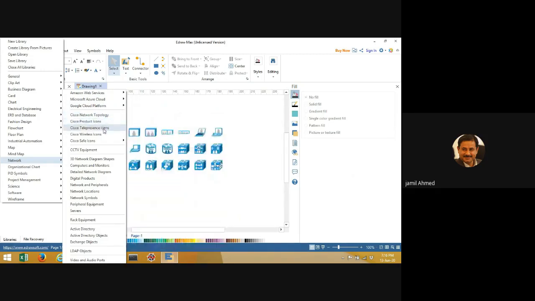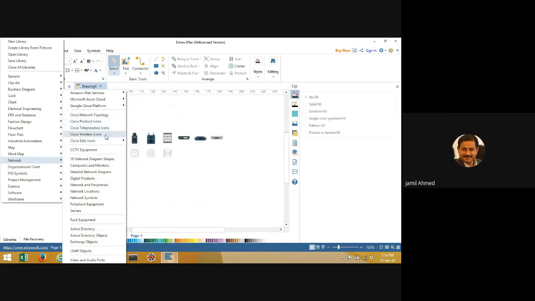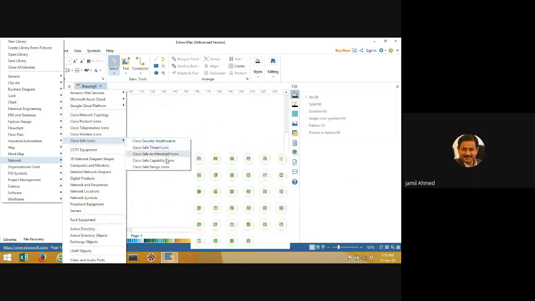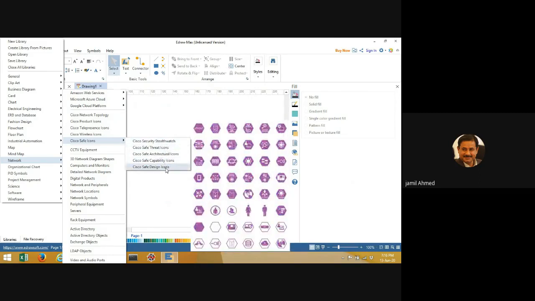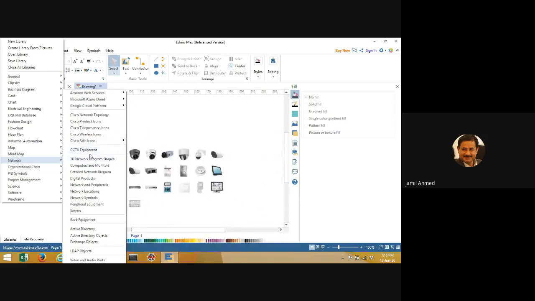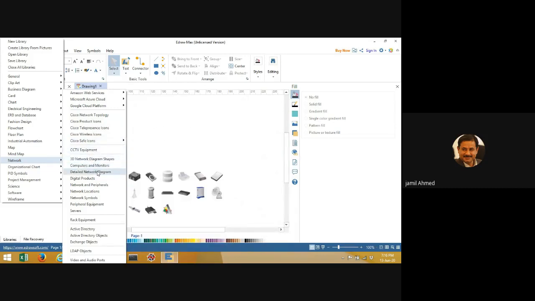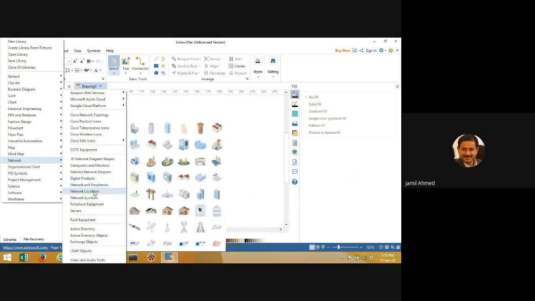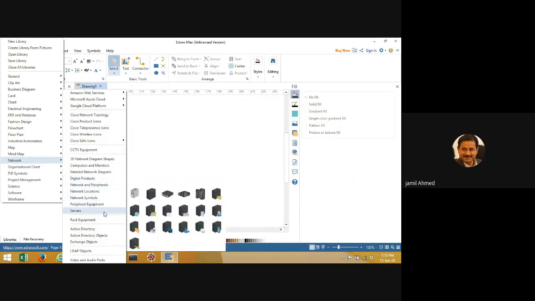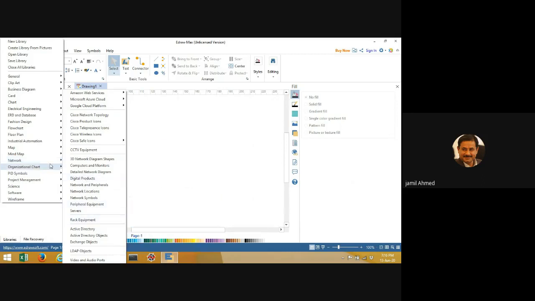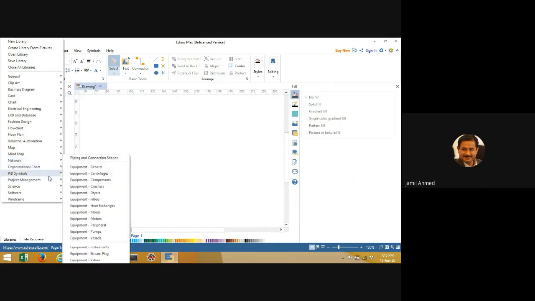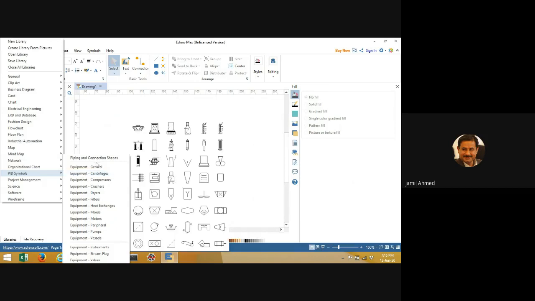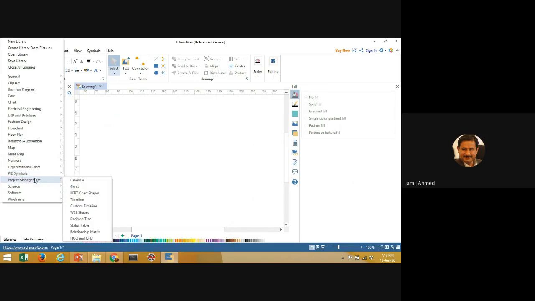Cisco's icons are there, telephones are there, lots of core media, smart words. So despite these things, if we say where to go, because we need to have a chart. So these are switches, routers, cameras. Each icon is there. So these are the generic events.